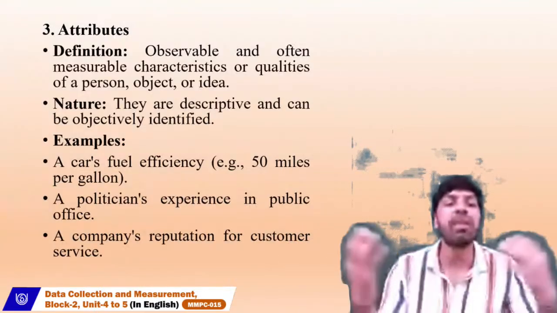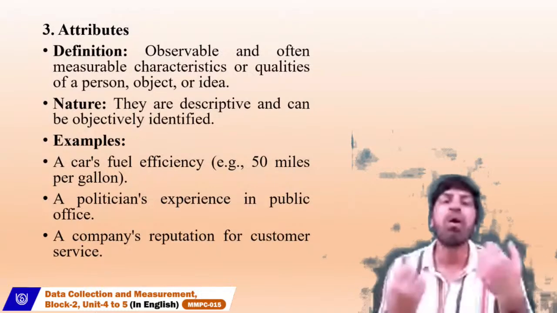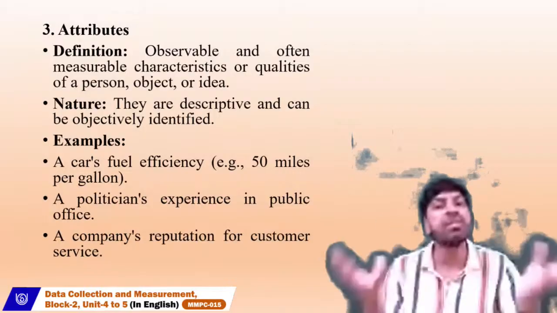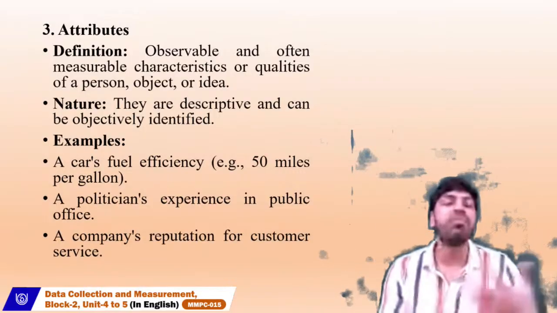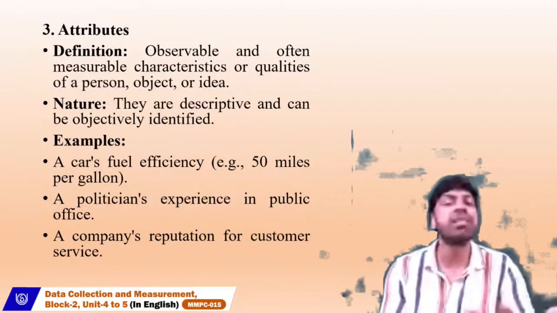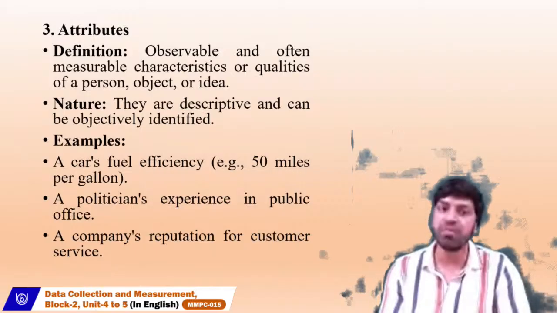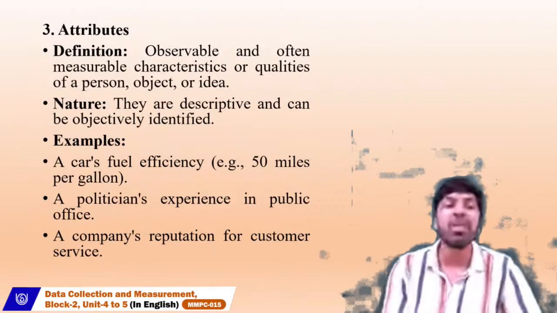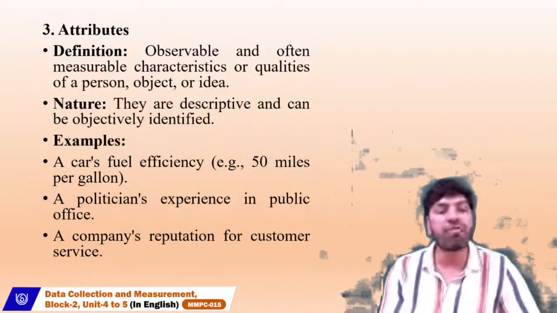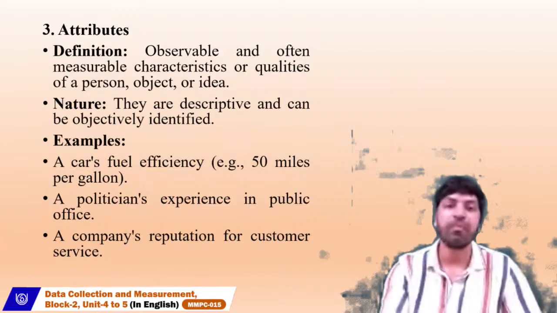So this is something we can examine, and when we observe or measure the characteristics or qualities of an individual, object, or idea, that becomes attributes. They are descriptive in nature and can be objectively identified as well. For example, a car's fuel efficiency of 50 miles per gallon, political experience in public office, or a company's reputation for customer service.